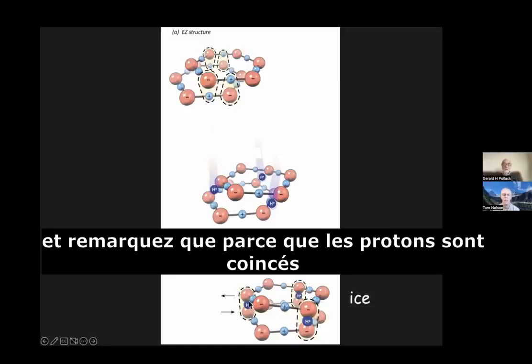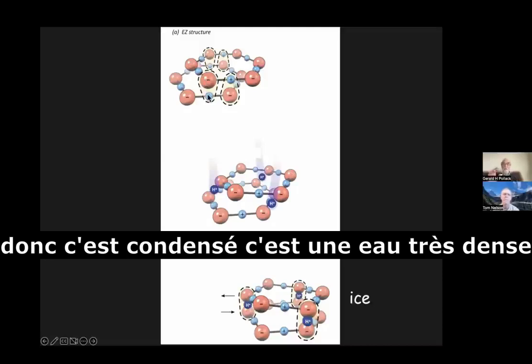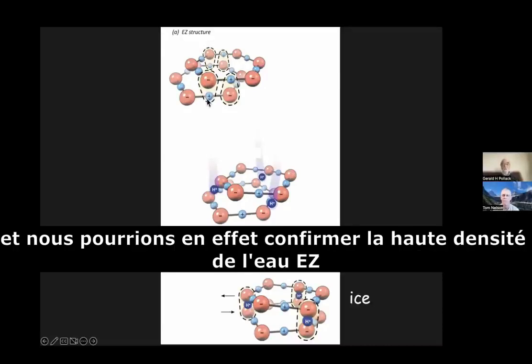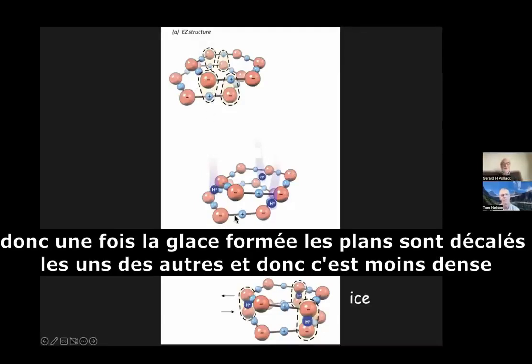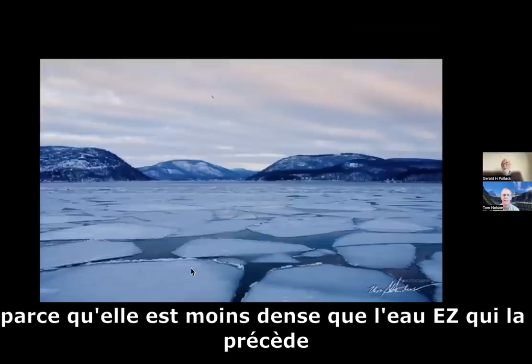And notice that because the protons are stuck in between, these two planes are separated more than they are here. So this is condensed, a very dense kind of water, and we could indeed confirm the high density of EZ water. But once ice forms, the planes are shifted apart from one another, and so it's less dense. And that's the reason why ice floats, because it's less dense than the EZ water that just preceded it.